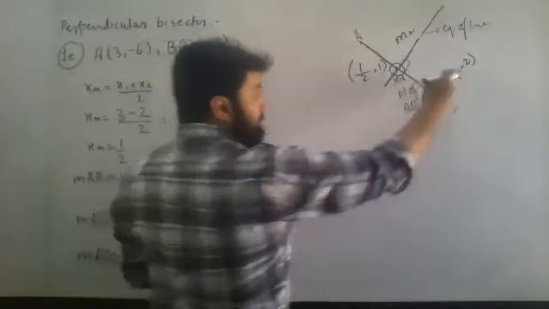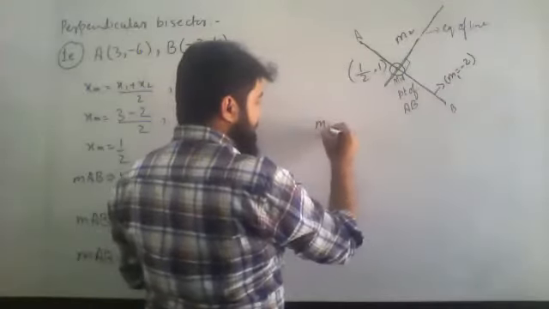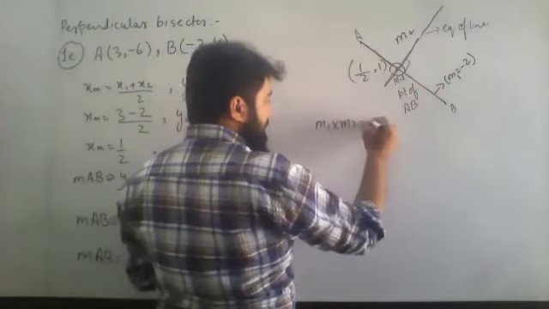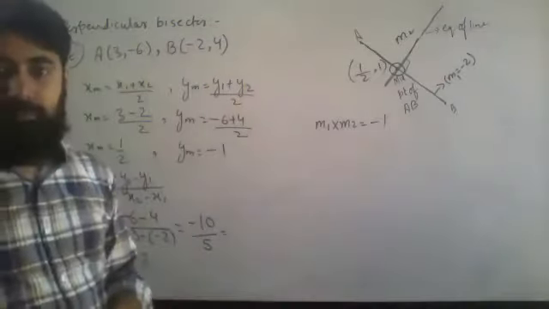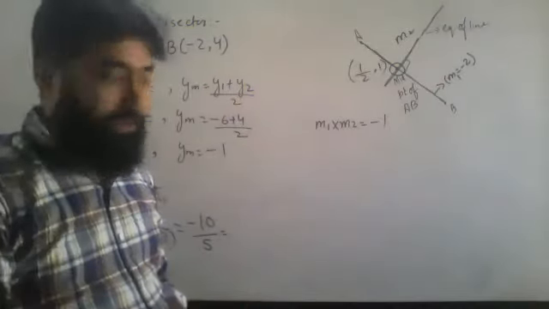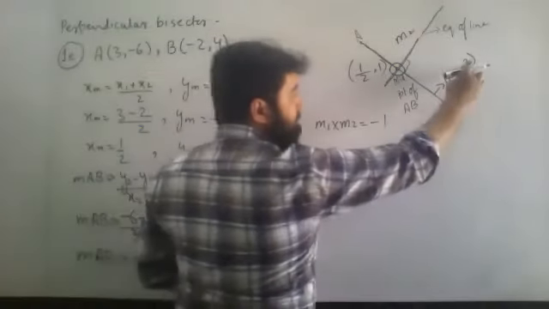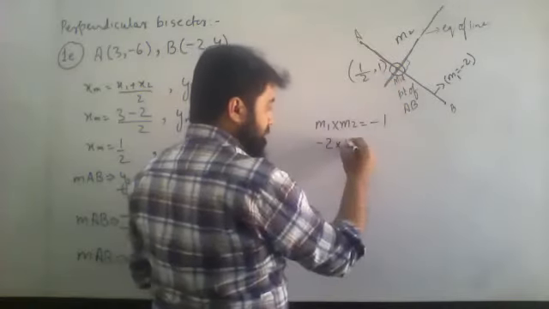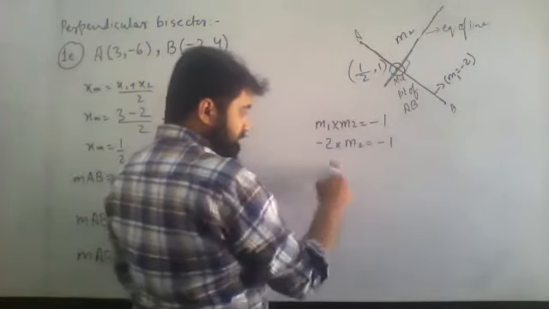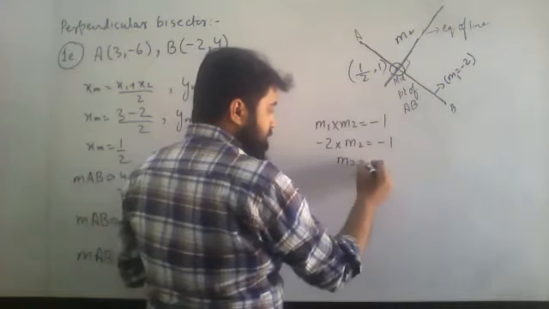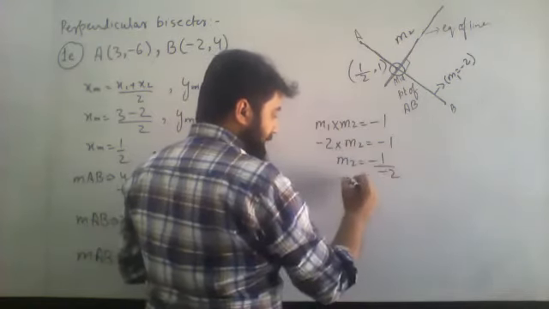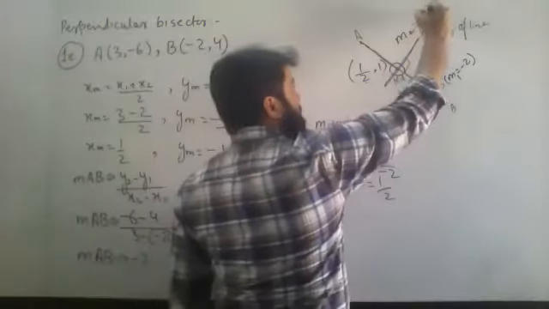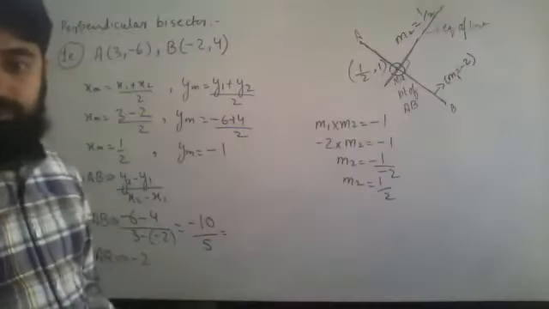So M1 times M2 equals minus 1. What is M1? Minus 2. M2 I don't know right now. Shifting it over, M2 equals minus 1 over minus 2, so M2 equals 1 over 2. The value of M2 is 1 over 2.